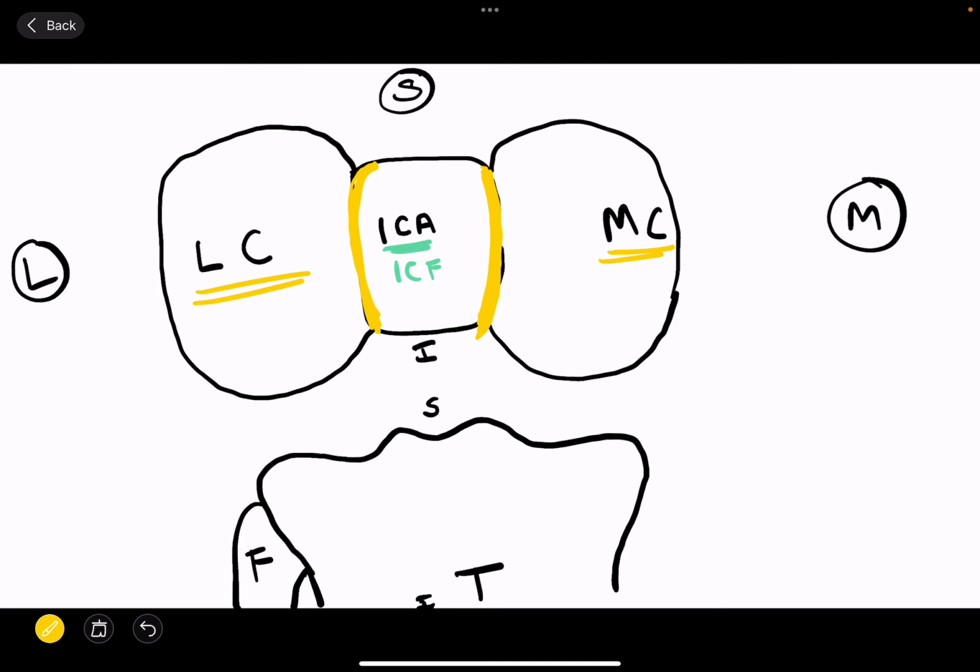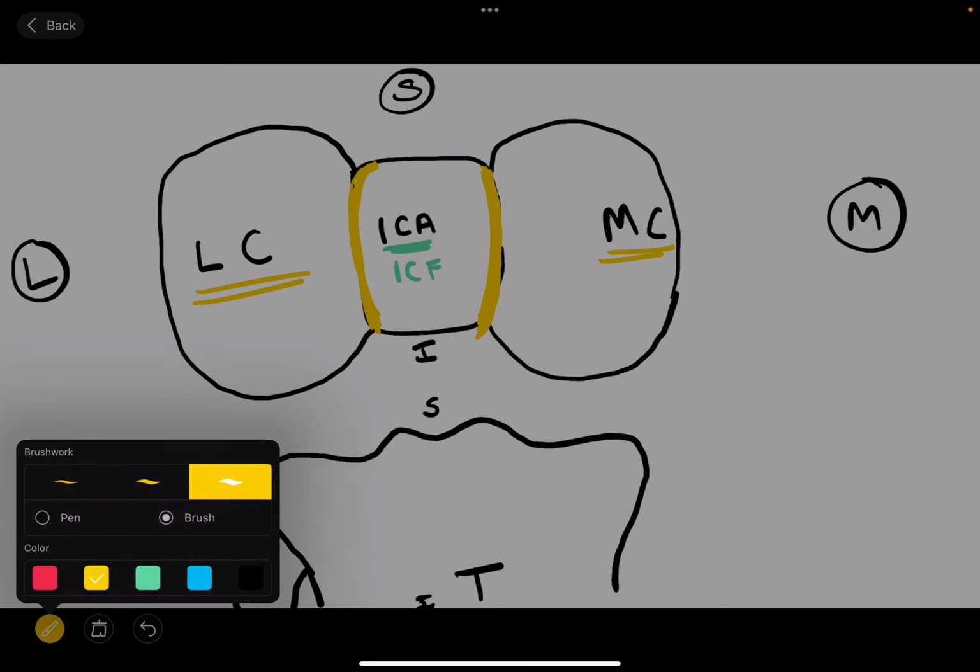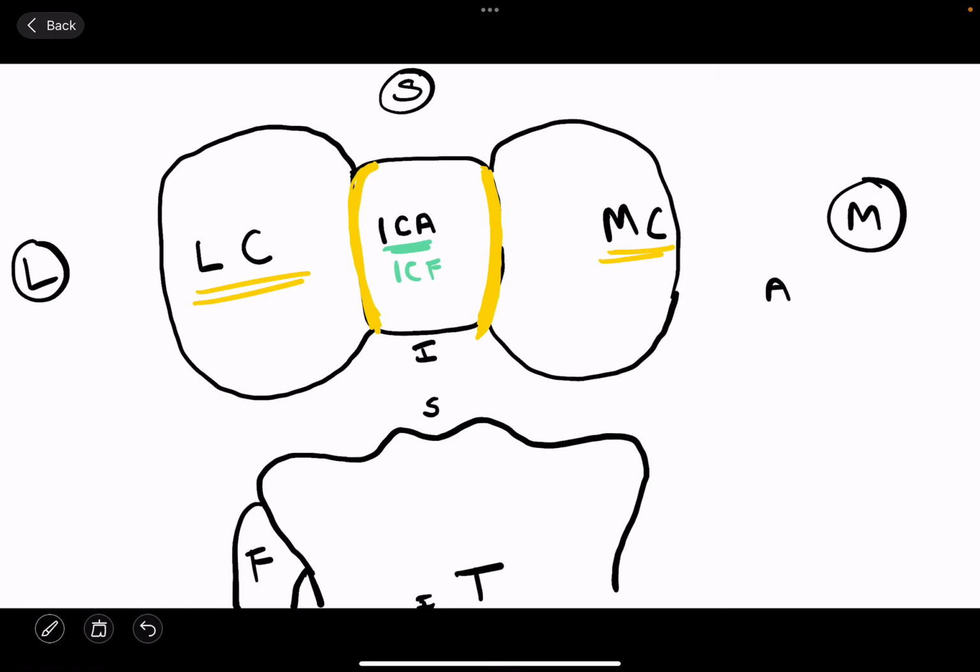Now let us first talk about the anterior cruciate ligament. We know the attachment of the anterior cruciate ligament and the posterior cruciate ligament inferiorly on the tibia. When you look at the intercondylar area of the tibia, there we have the menisci.